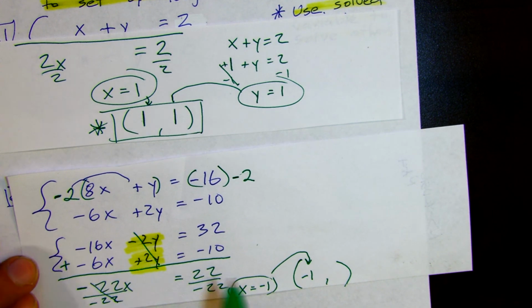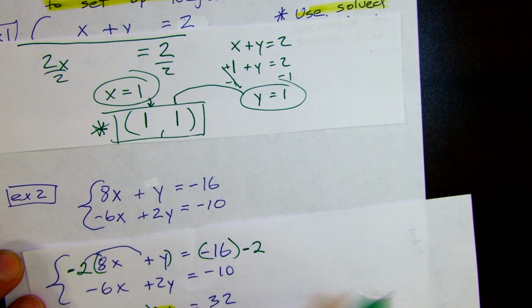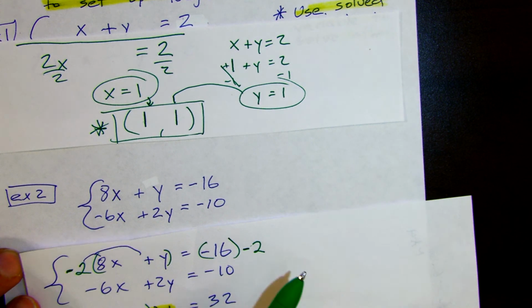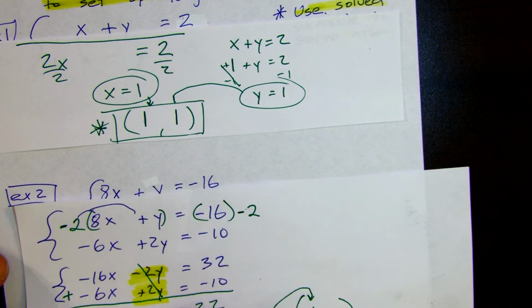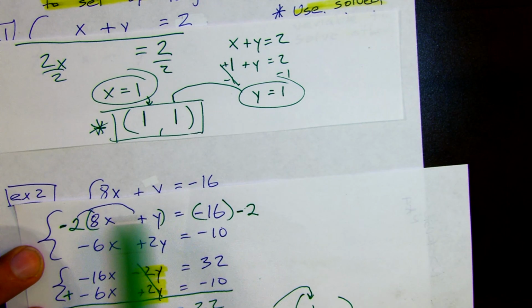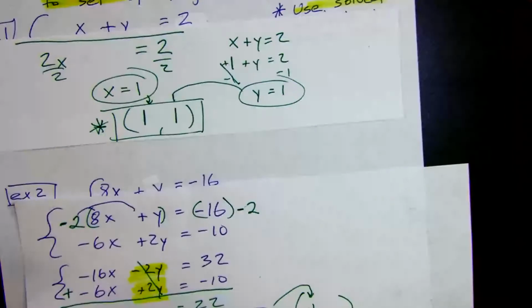Even if you wanted to plug it into this one way down here, or this one after we've manipulated it, or this one, or the original, right? You can plug it into any of the steps and it will work because we have kept the integrity of all of our equations. If we multiply both sides by the same value, it is the same ratio, the same balance of our equation. So don't worry about which one do I pick. There isn't a wrong choice. There's just a better choice.